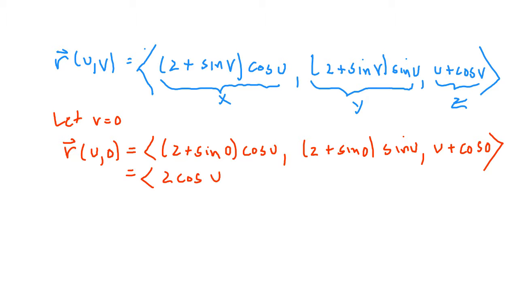So we'd have 2 times the cosine of u as the x component of this space curve, 2 times the sine of u as the y component, and then we'd have u plus 1 because the cosine of 0 is equal to 1. So here's our space curve when we let v equal 0.